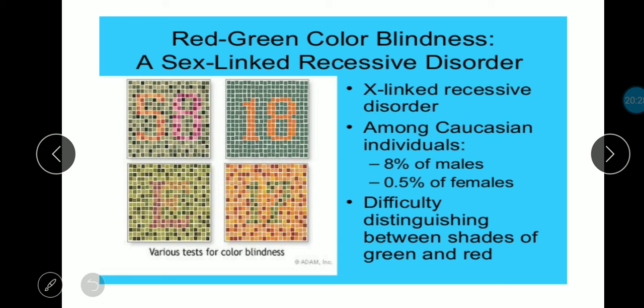In males, nearly 8% have this disease, and in females, there is about 0.5%.